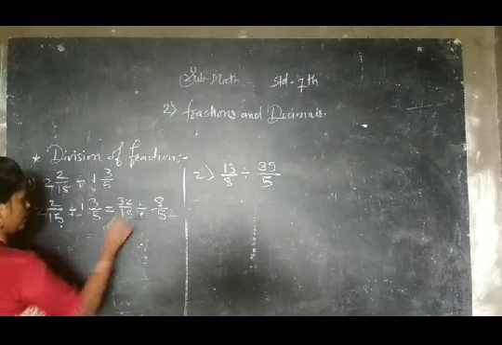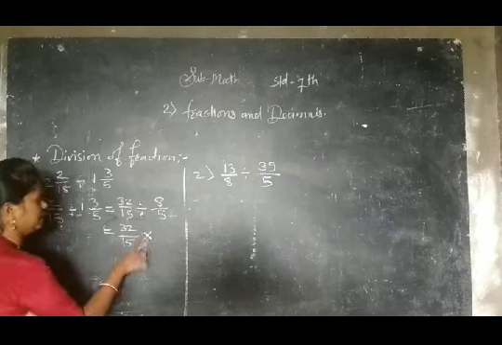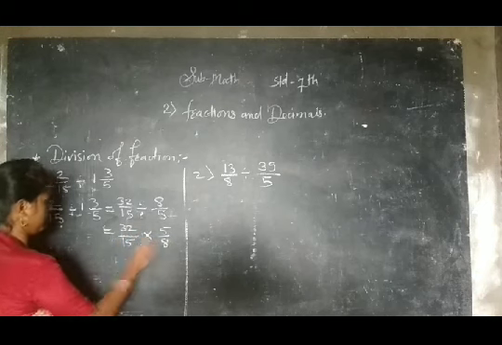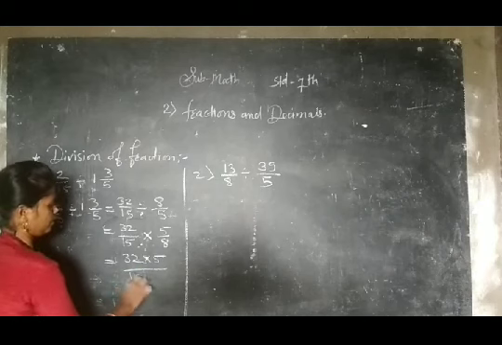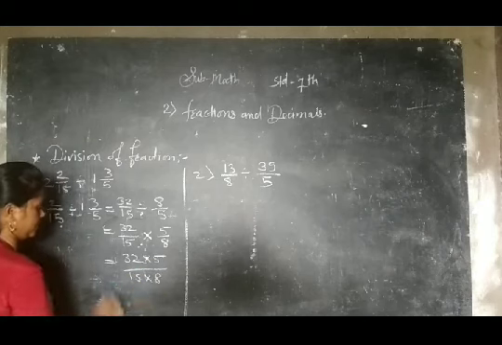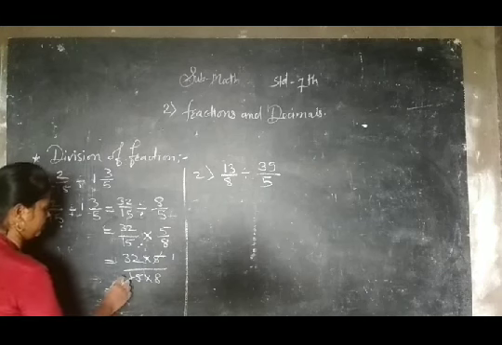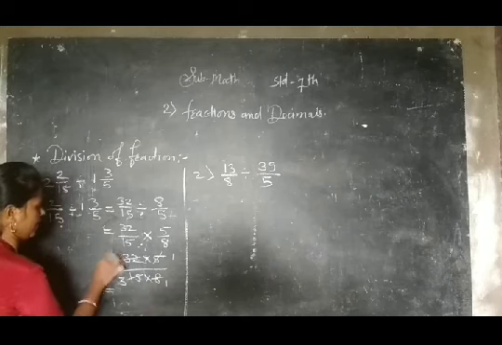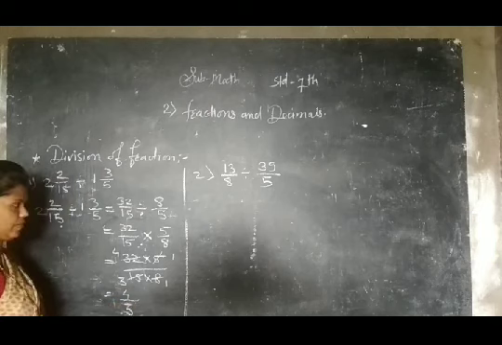And now I am going to write down its reciprocal with the multiplication, 5 upon 8. So it's 32 multiplied by 5 upon 15 multiplied by 8. If you can simplify, you have to simplify. So 5 ones are 5, 3 eights are 24, and 8 ones are 8, 4 eights are 32. So it's 4 upon 3, this is your final answer.